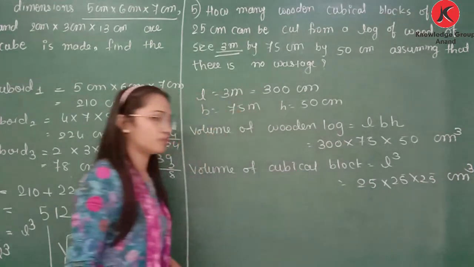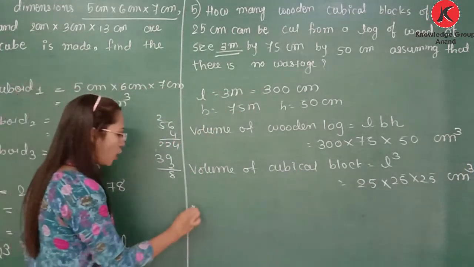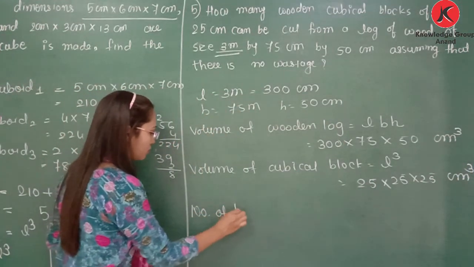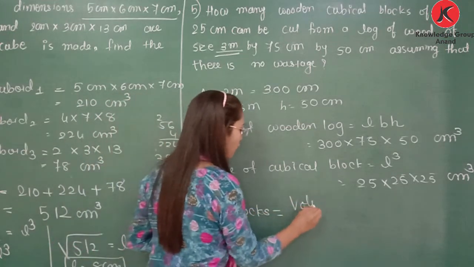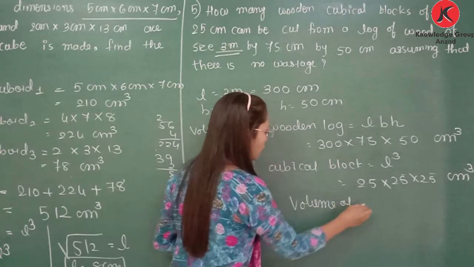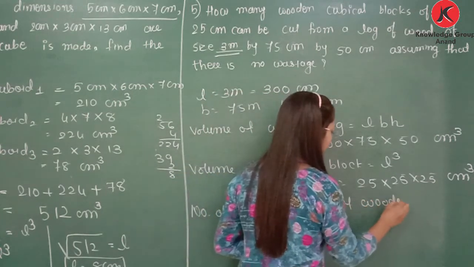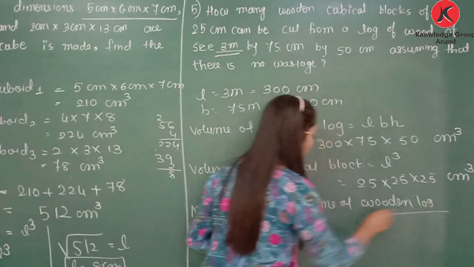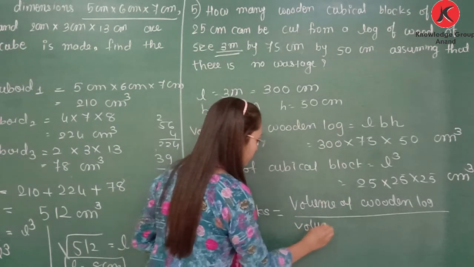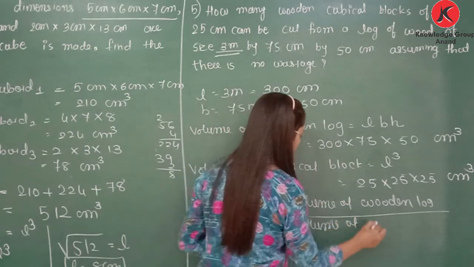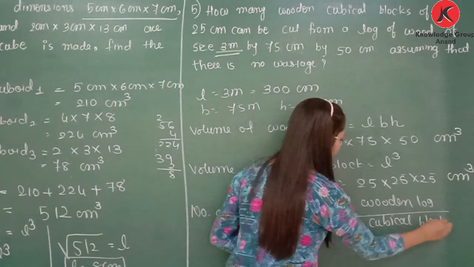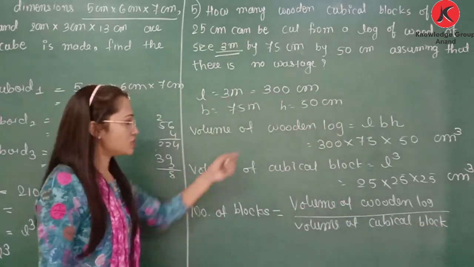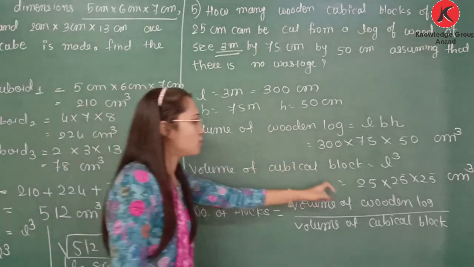Now the number of blocks we can find by dividing the total volume, the volume of the wooden log, divided by the volume of a cubical block. This is the total volume. This is the volume of one block.